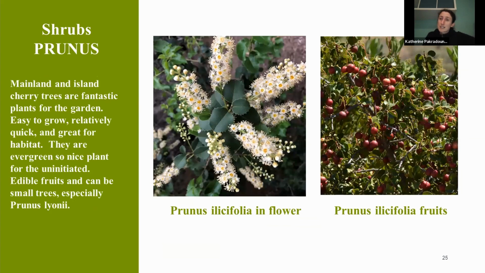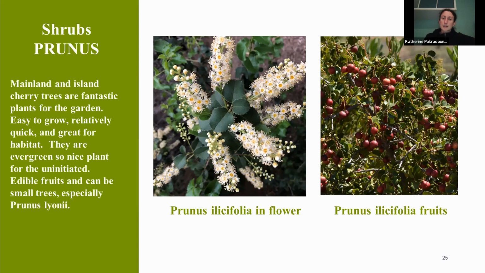So another really nice shrub are the native cherries. Just like cherry trees, we have our native version of cherries. There's island cherries, and then there's the mainland version of that. The island ones have a little bit bigger leaves, a little more glossy. The tree itself is a little bigger, and the fruit itself is a little bigger.